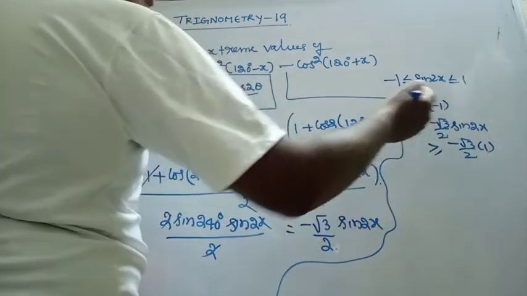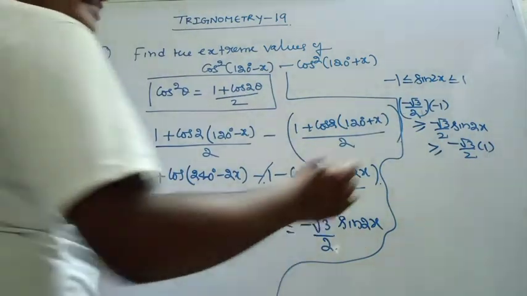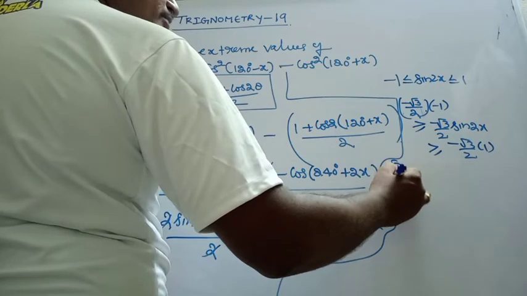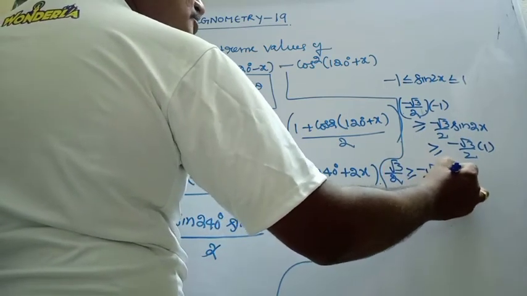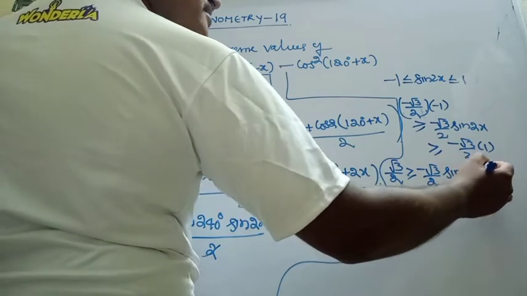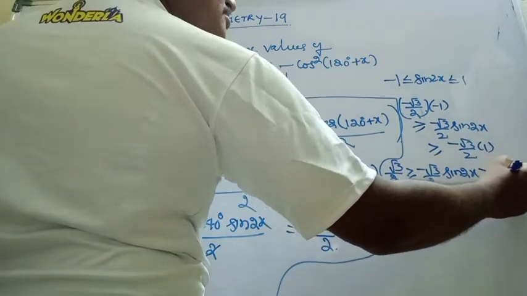Now minus root 3 by 2 into minus 1 becomes root 3 by 2, greater than or equal to minus root 3 by 2 sin 2x, greater than or equal to minus root 3 by 2.